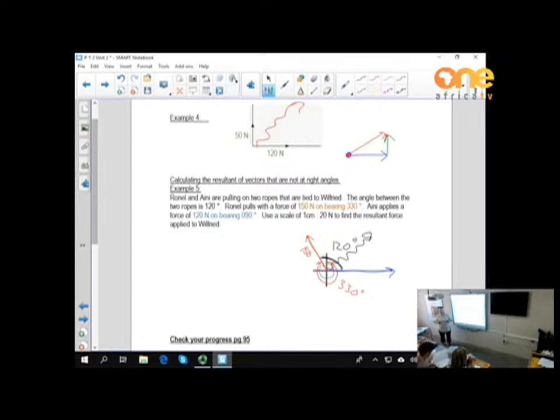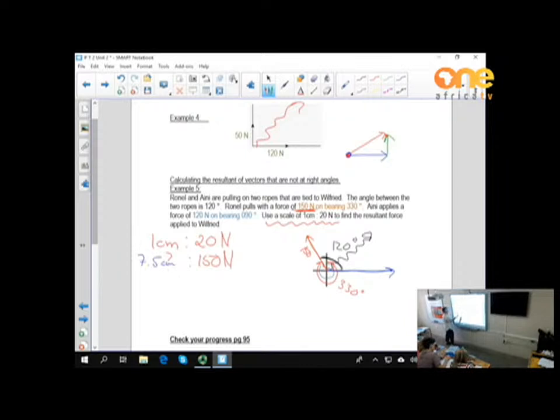Now, we are going to connect them head to tail. They tell us we have a scale of 1 centimeter is 20 Newton. So, if there is a force of 150 Newton, 150 Newton would represent a line how long? It'll be 150 divided by 20 times 1. So it's going to be 7.5 centimeters. So this one here is going to be 7.5 centimeters.